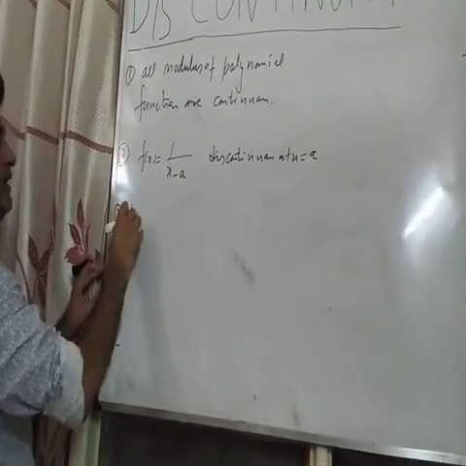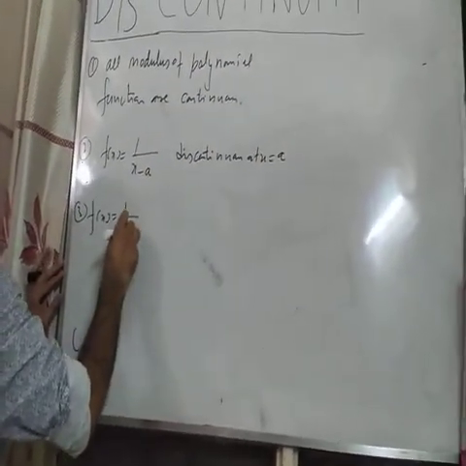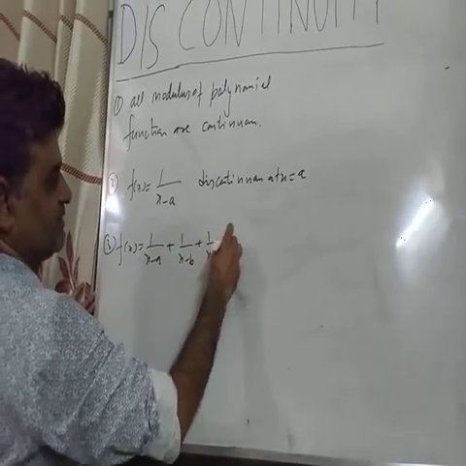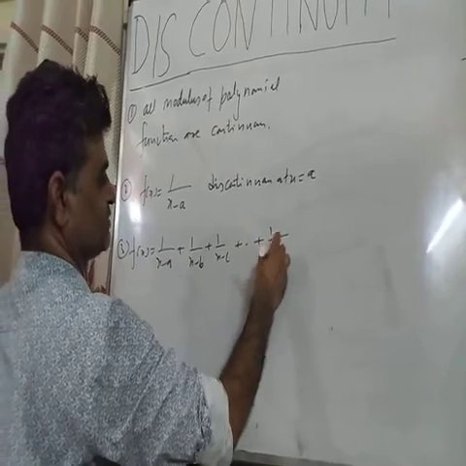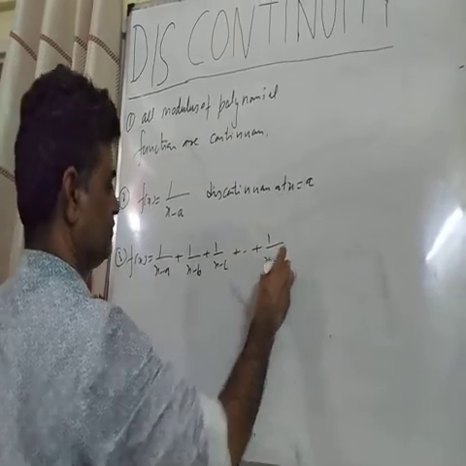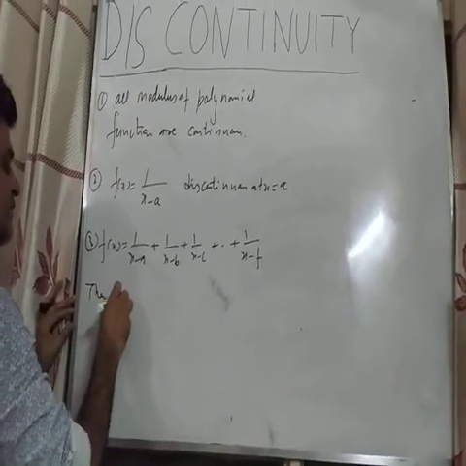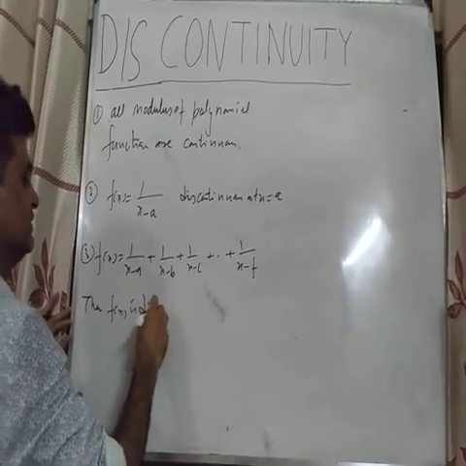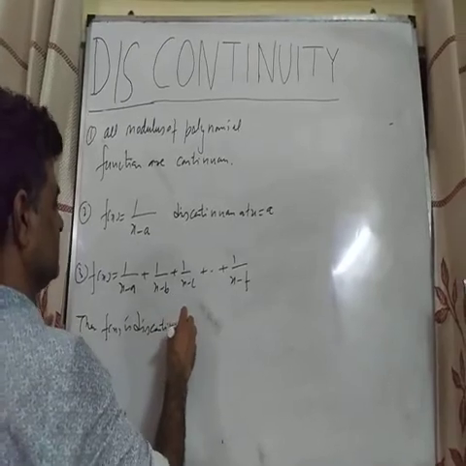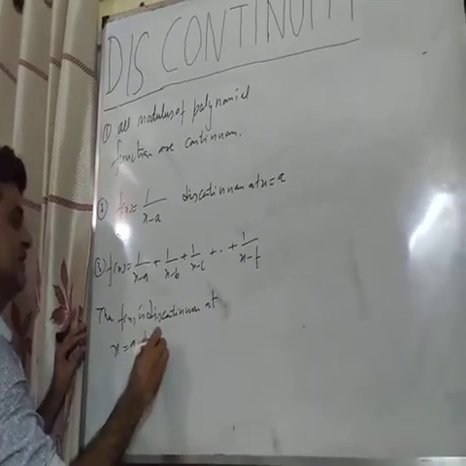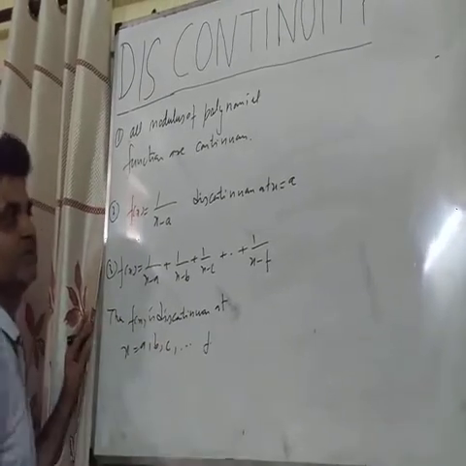Third, if f(x) is equal to 1 upon x minus a plus 1 upon x minus b, x minus c, likewise 1 upon x minus f, then f(x) is discontinuous at x equals a, x equals b, x equals c, likewise up to f.